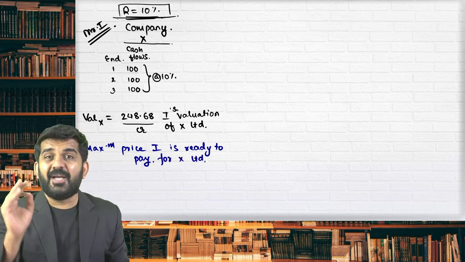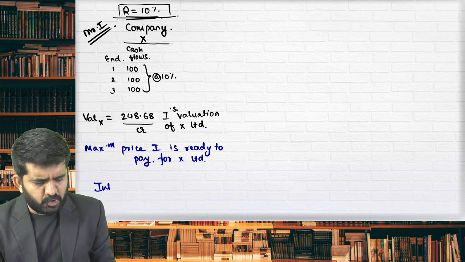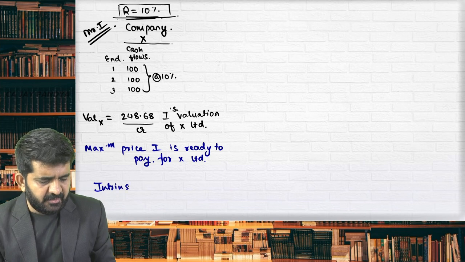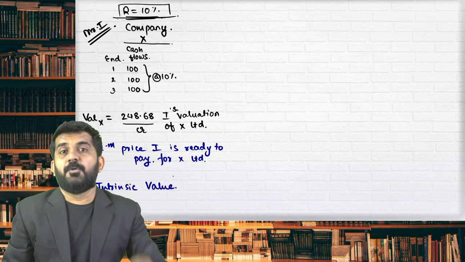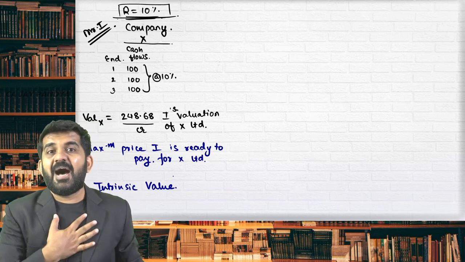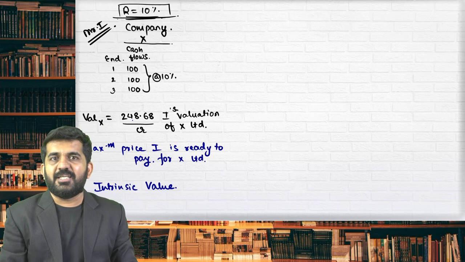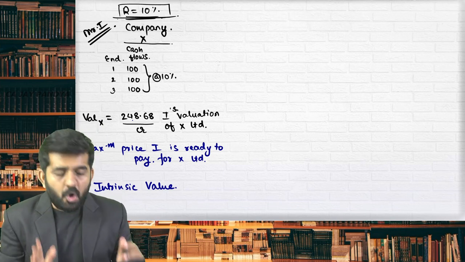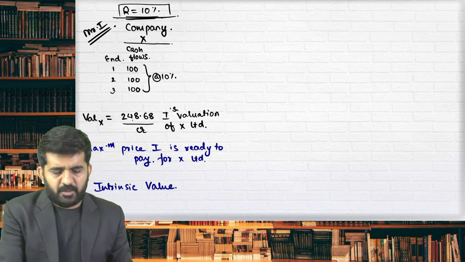And this word you might have heard in amalgamation and in any number of other chapters: it is also known as the intrinsic value of this particular company. My price of this company is 248.68. Is it alright? So all these three wordings you should understand.